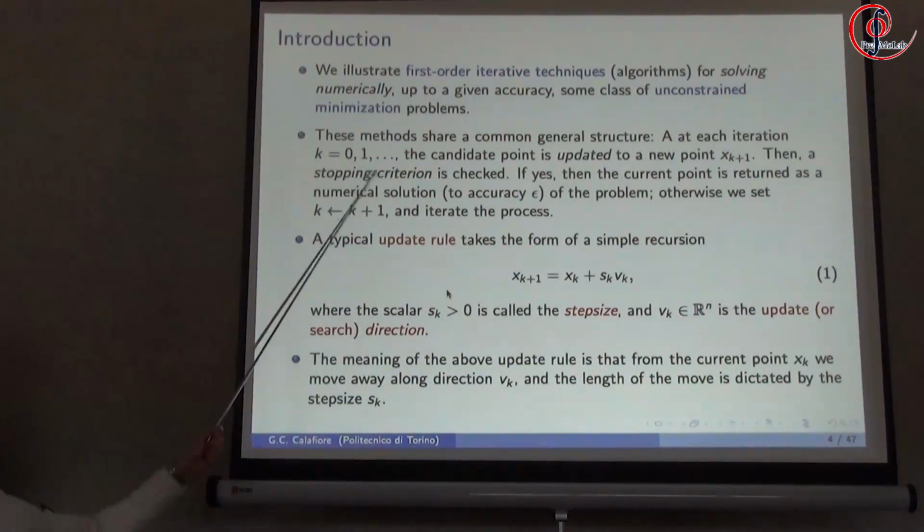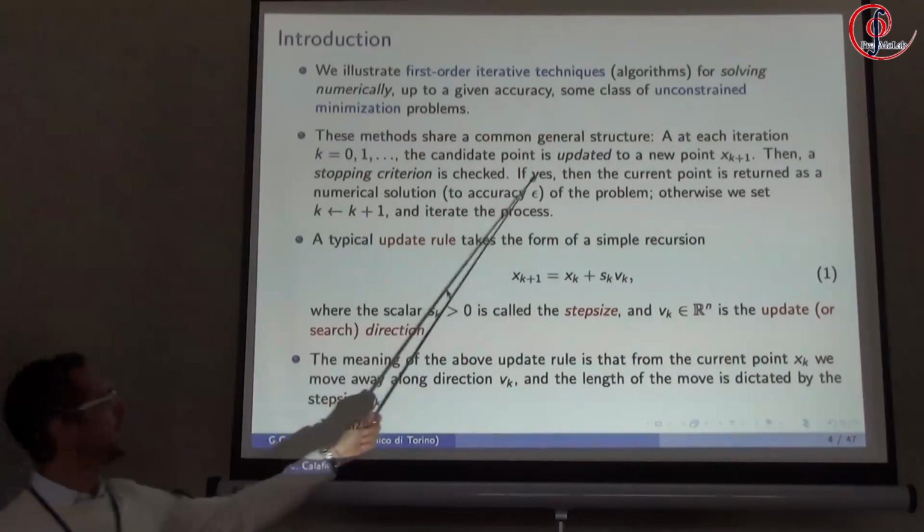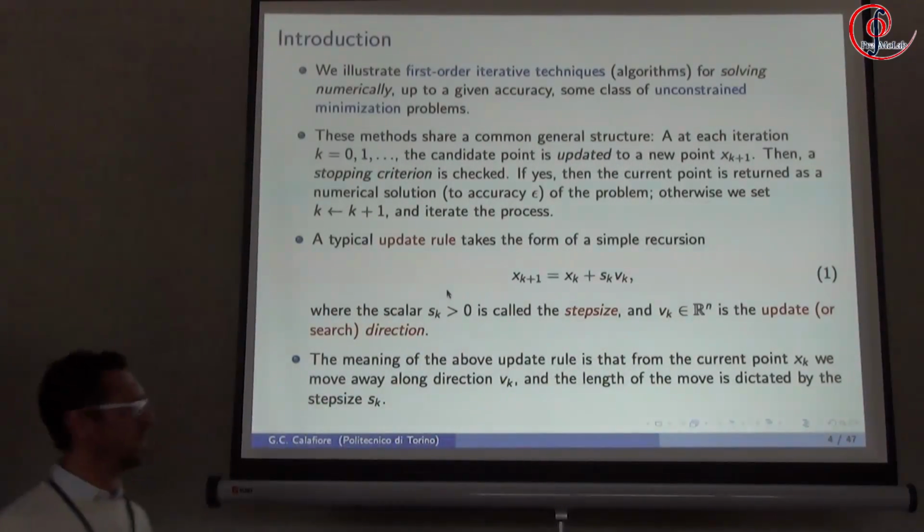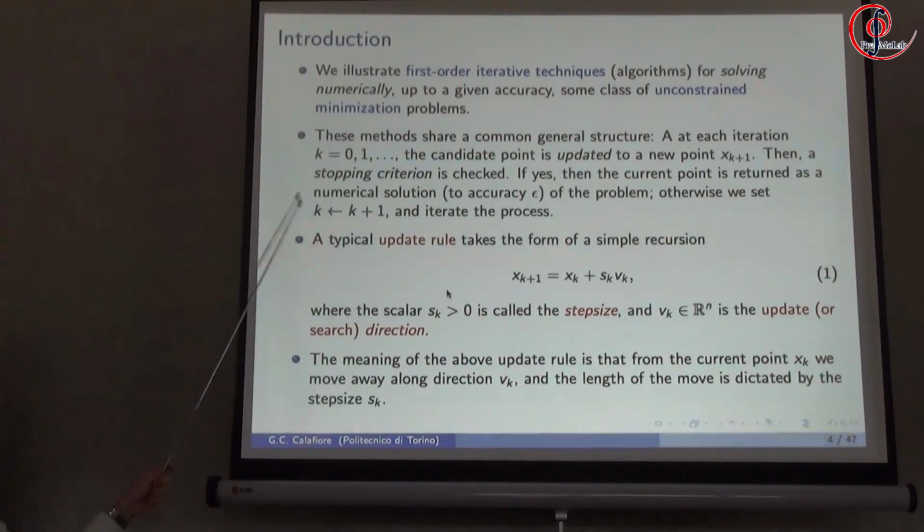Then we check some stopping criterion to see if we are more or less done and found our numerically optimal point. If yes, then the current point is returned as a numerical solution to some accuracy of our problem. Otherwise, we do one more step and iterate the process.